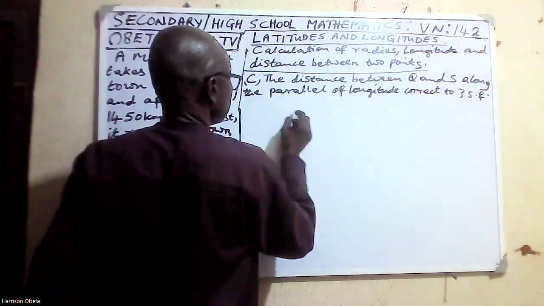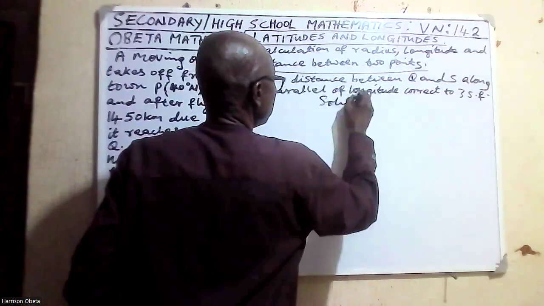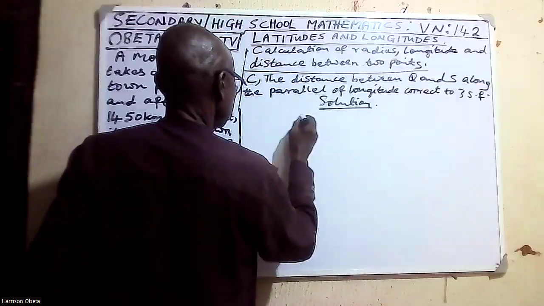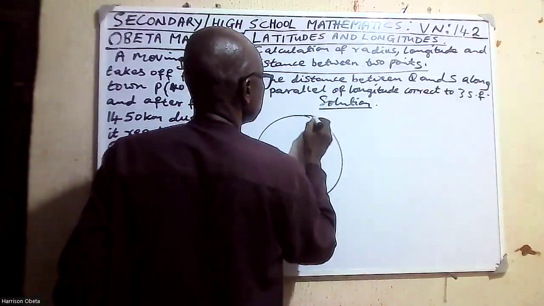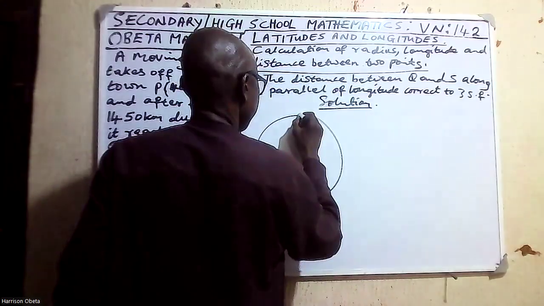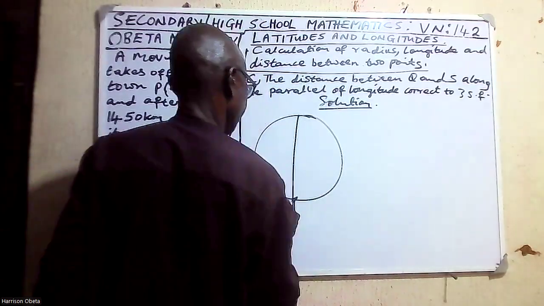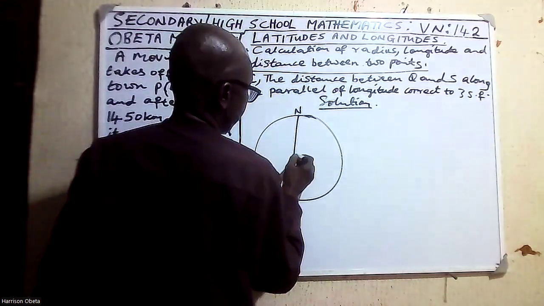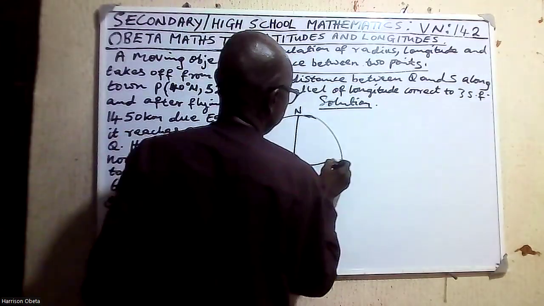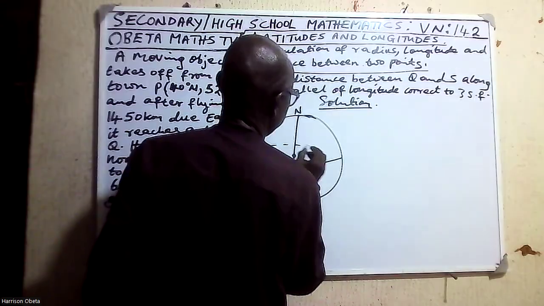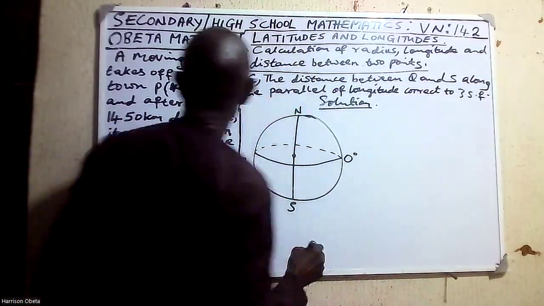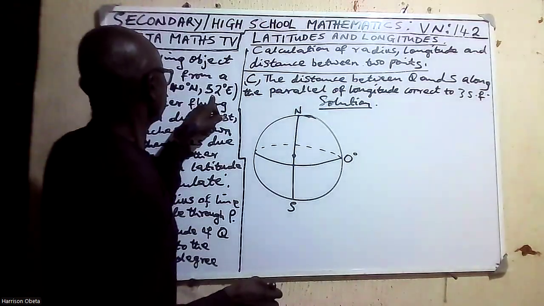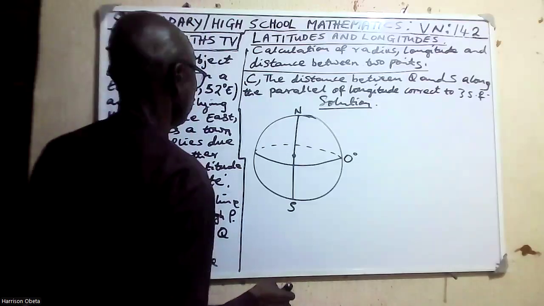Now we have a solution. So we draw. We locate P, 40 degrees north, 52 degrees east.